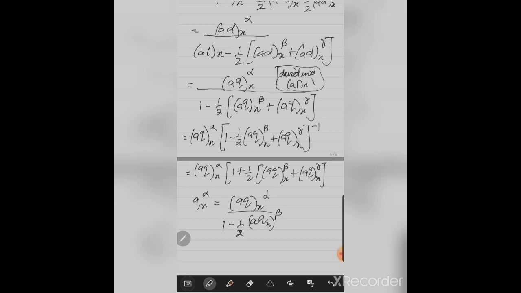So Qx to the power alpha will become 1 minus half of AQX to the power of beta as per the current scenario. And again, I could have written it as AQX alpha times 1 plus half times AQX beta. That is a typical relationship that we are getting at this moment.